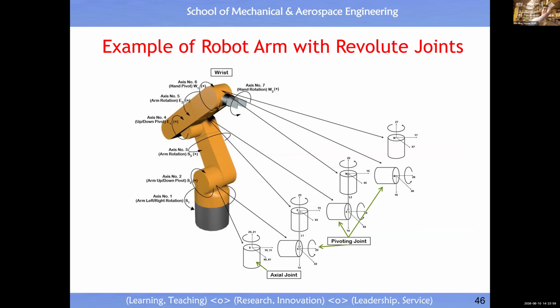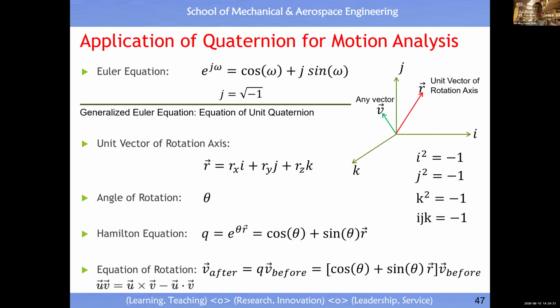Then this slide summarizes what you have seen, right? Normally, a robotic arm has many axes. So we use a small cylinder to represent the axis, right? And also you see there's an axis line passing through the cylinder. That is the axis of motion, right? So we may have rotational motion, translational motion, something like that.